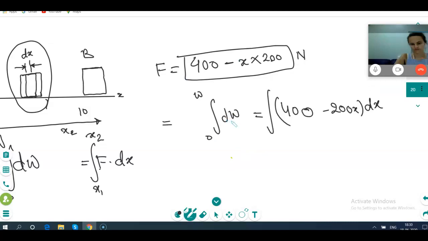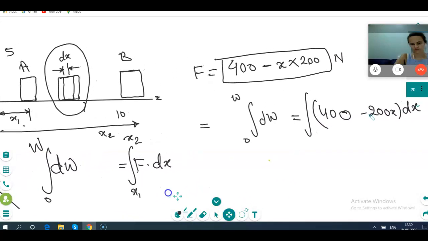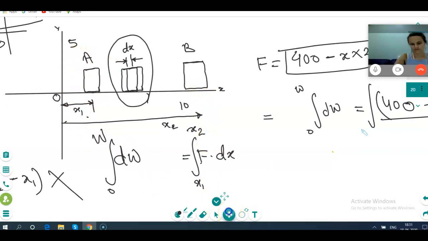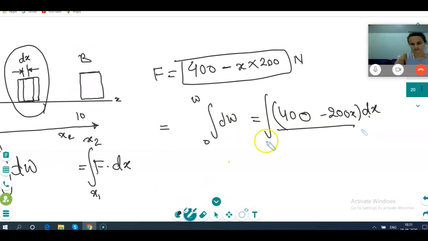So 0 to W, dW. You take this 400 minus 200x. This is the F value, and dx. X1 is 5 meter and x2 is 10, I will take as the limit.